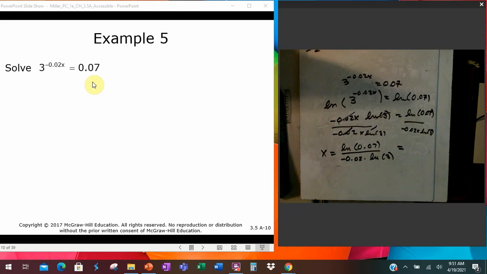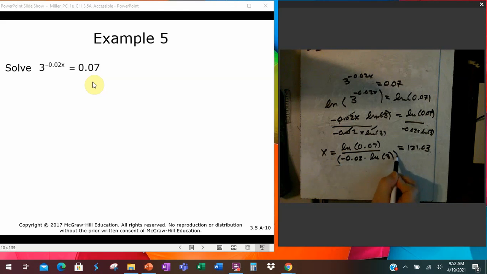And then that should be 121.03, rounded to 121.03.